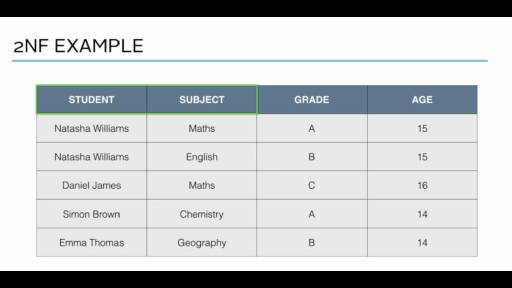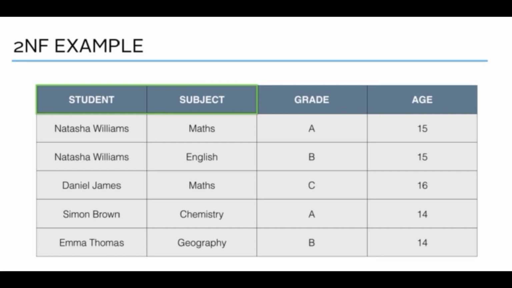Is every column that's not a primary key dependent on the whole of the primary key? We can see we have two columns here which aren't primary keys: grade and age. Let's first check the grade column. Yes, this is dependent on the whole of the primary key.